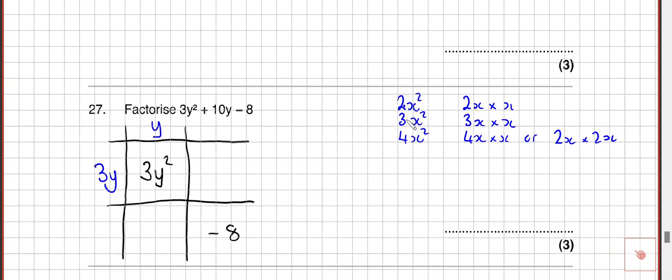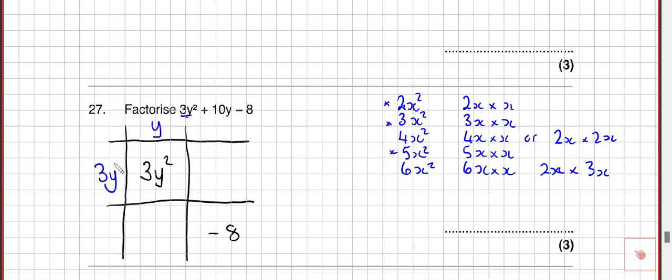So that's why I say 2's and 3's are easy enough. 5x squared is equally only 5x times x. 6x squared could be 6x times x, but also 2x times 3x. So these are the ones you will normally get because there's only one option. Occasionally you'll get one like this where there is one option. So we're on 3y squared, so we know it's 3y times 1. It's the only way to do it.